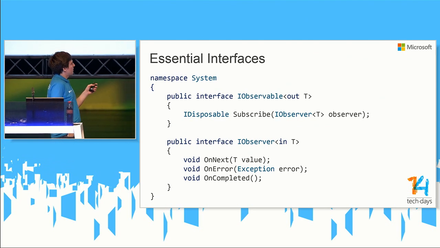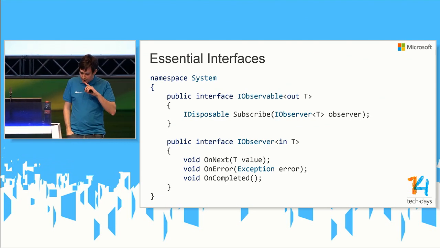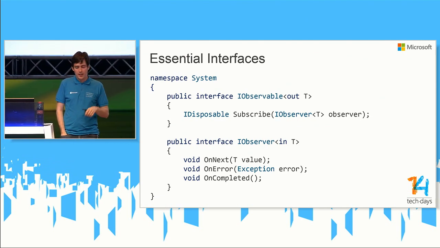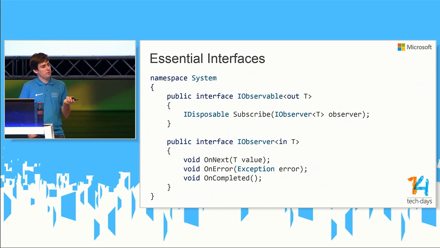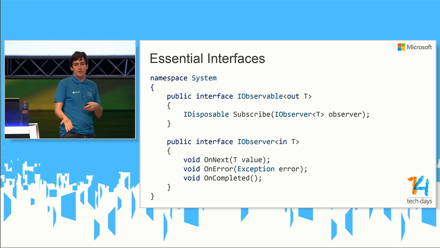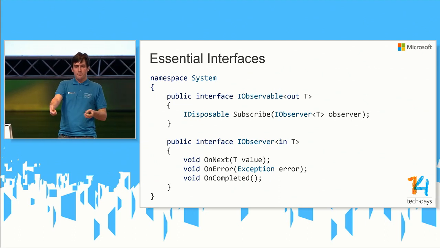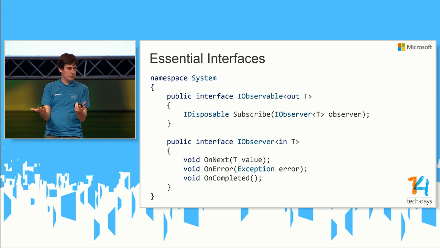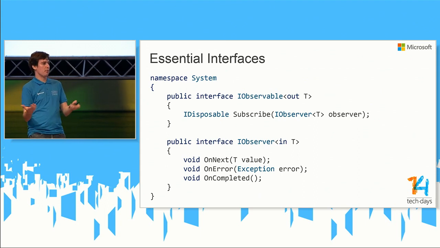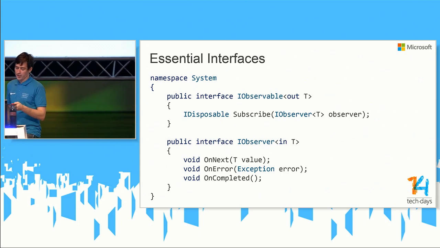Now, one thing that's very important to point out is, unlike .NET events, and we'll take a look at the contrast between the two in just a moment, there is no unsubscribe. The unsubscribe is governed by the disposable that gets returned from the subscribe. So you subscribe, you get a disposable back, and later you can call dispose on that thing to get rid of the subscription, to get rid of the whole event processing query that has been set up.